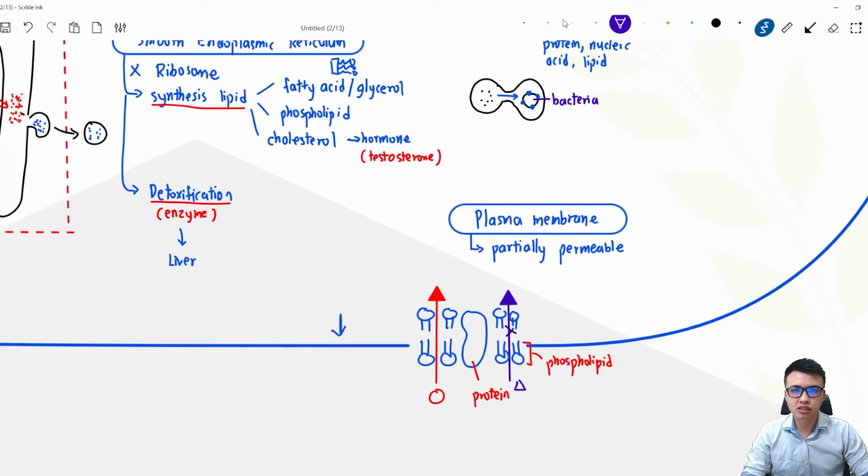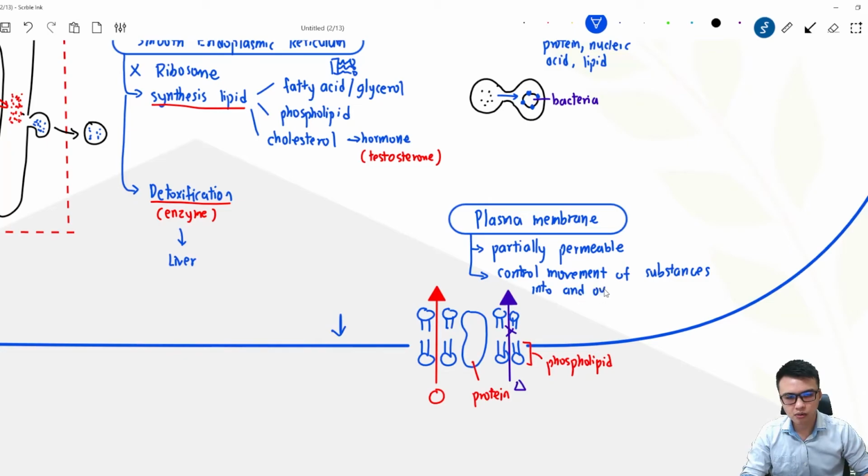Now, this characteristic is very useful as it can control the substances in and out of the cell. It can control which one comes in and which one does not. That's why the plasma membrane has the function of controlling the movement of substances into and out of the cell.